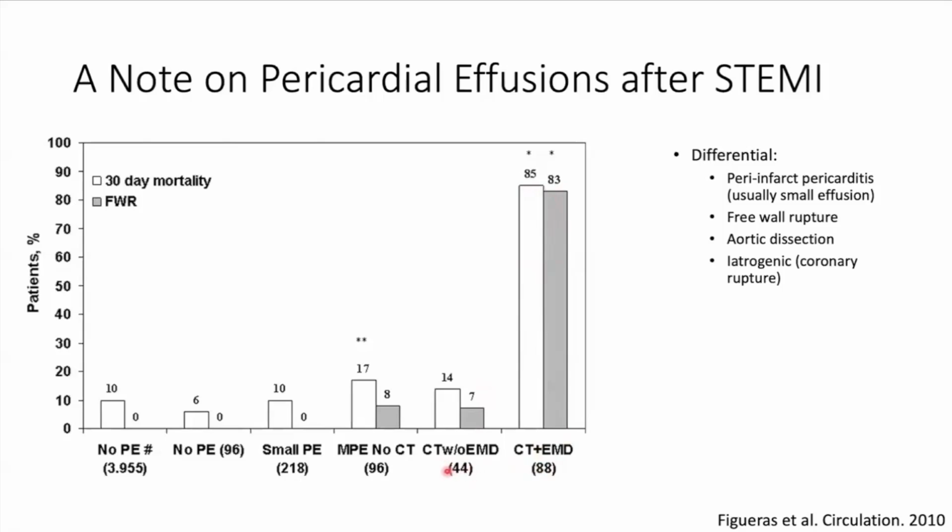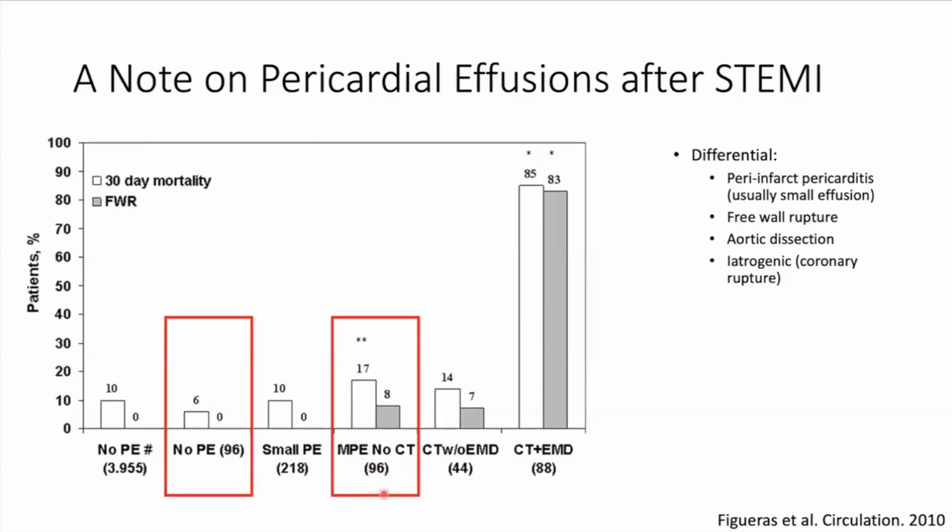When you look at patients that had cardiac tamponade without arrest initially, 14% of this group died, and half of those were from free wall rupture. What's interesting, though, is this group right here, the moderate pericardial effusions. These patients did not have any features of cardiac tamponade on presentation. The 30-day mortality for these patients was 17%. And when you look at the proportion that were from free wall rupture, it was about half of them.